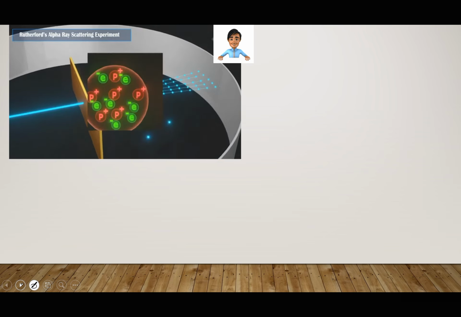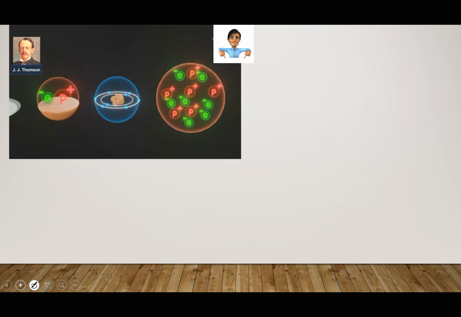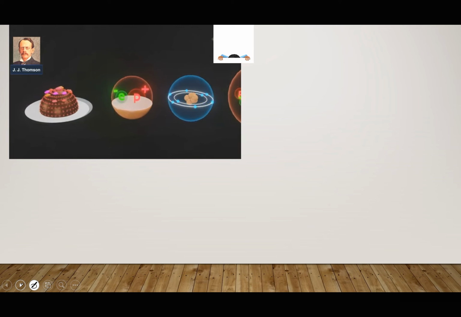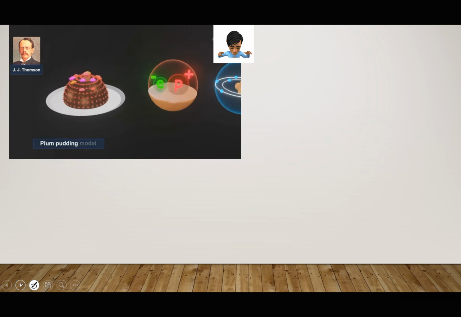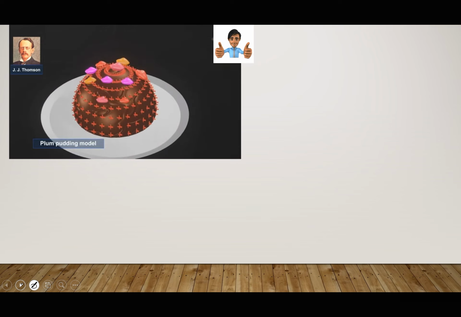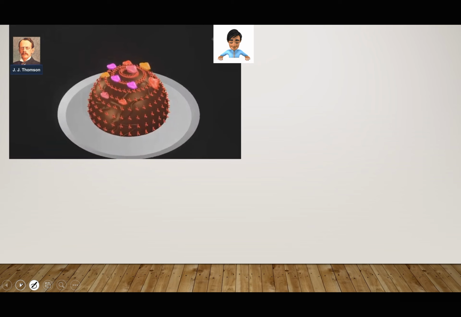But when alpha particles were directed through a thin foil of gold, what Rutherford found was different from J.J. Thomson's model. So the plum pudding model was insufficient to explain the structure of the atom.